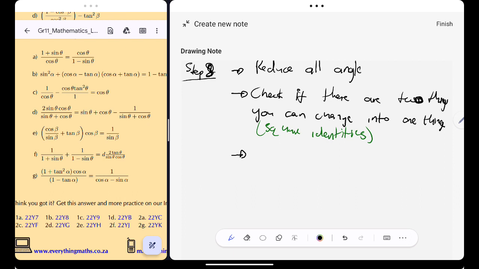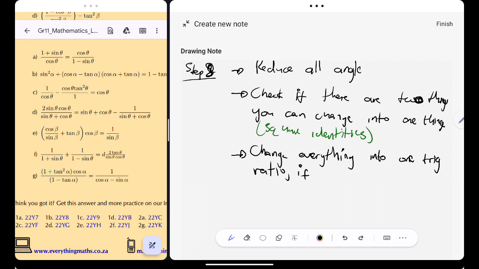And then the last step simply says change everything into one trig ratio.